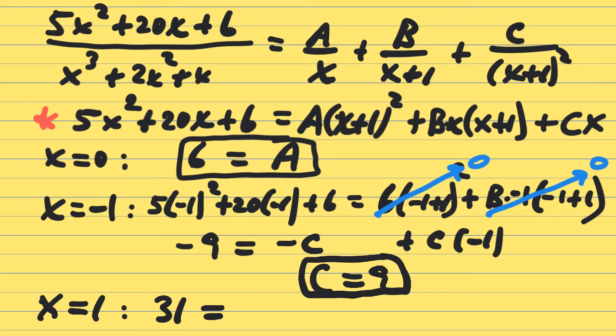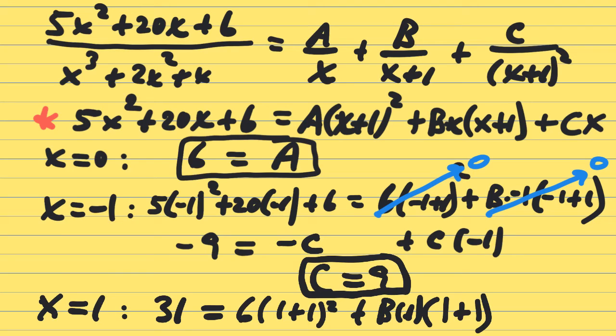On the right side of the equation, A times 1 plus 1 squared, and remember A is 6, plus B times 1 times 1 plus 1. C is 9, so that's plus 9 times 1. Okay, so I've run out of real estate. I'm going to move to the next slide and finish solving this equation.